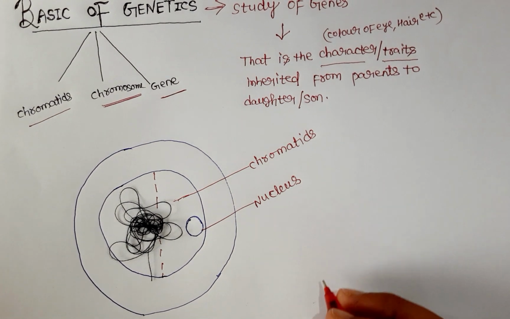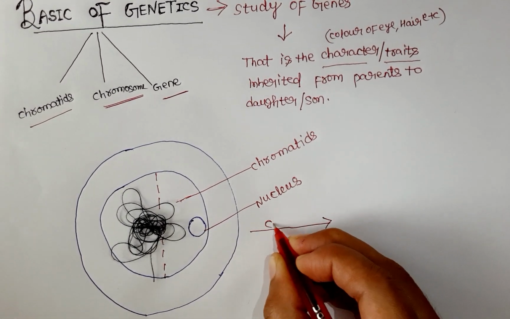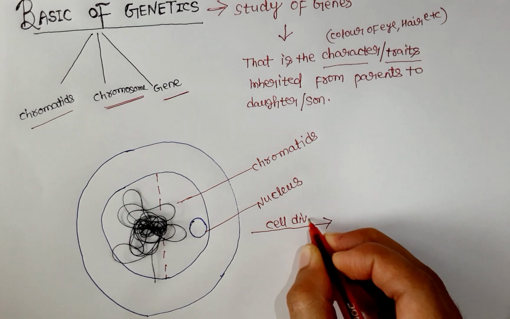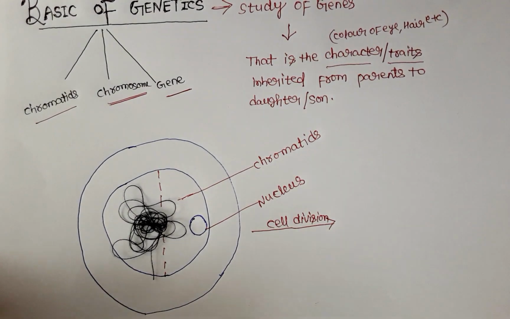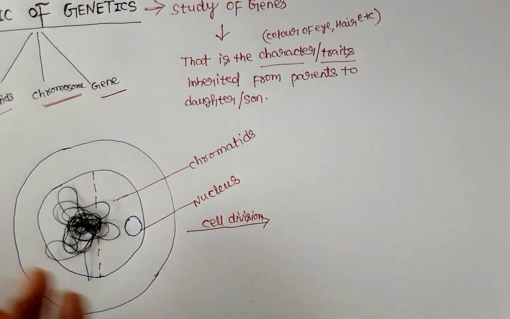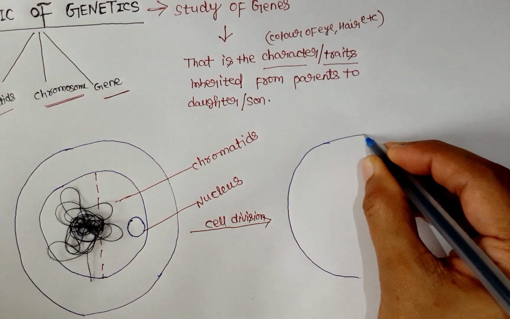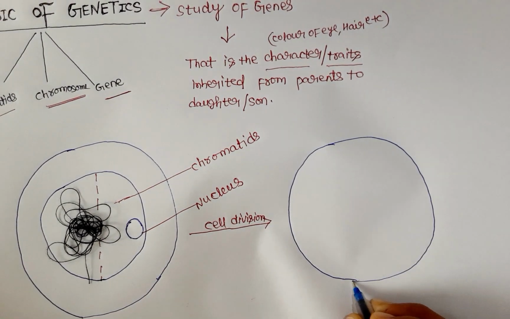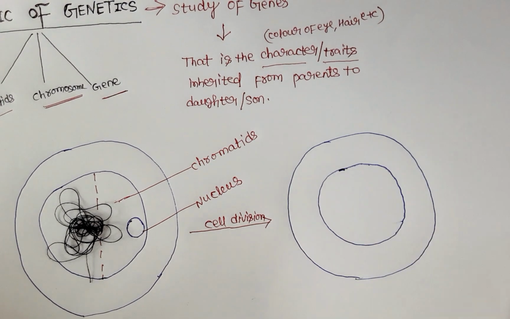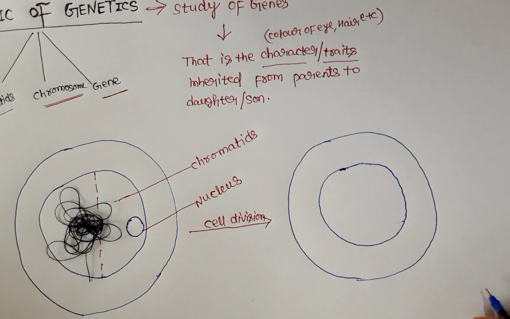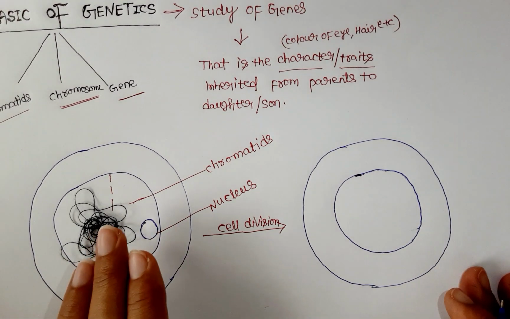So for dividing in cell division, we have to draw one more cell here. Before dividing, they first of all make their copy.